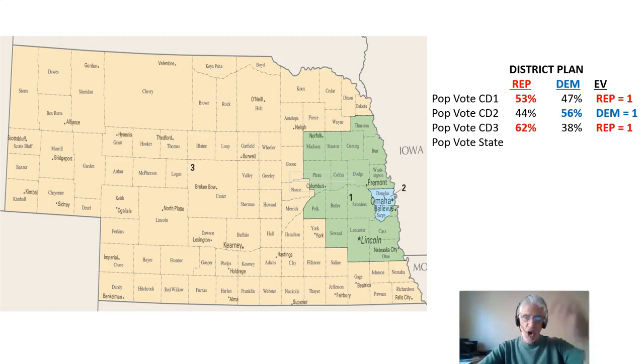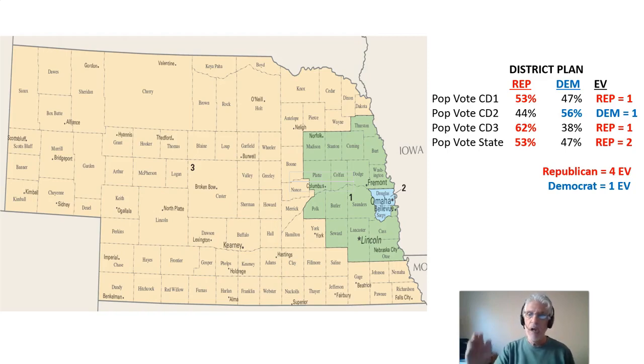Then, if you look at the overall state population, 53% voted for the Republican, 47% voted for the Democrat. The Republican would get 2 more for winning the entire state. And so as a result, using the district plan, a Republican would get 4 electoral votes, and the Democrat would get 1 electoral vote for winning the 2nd congressional district.